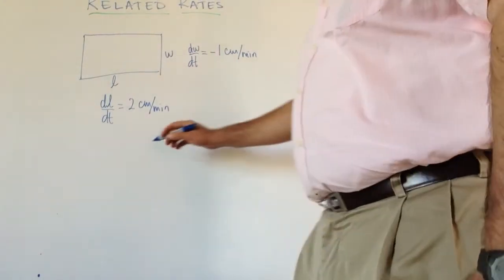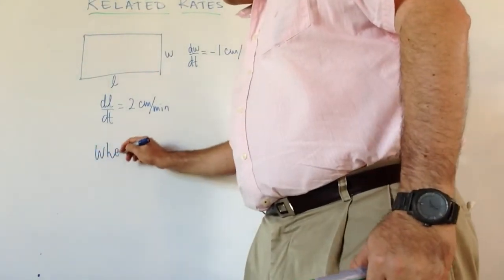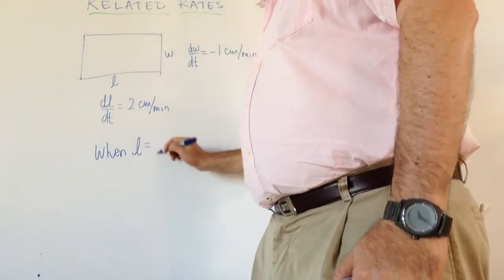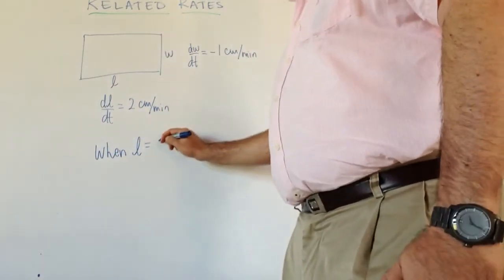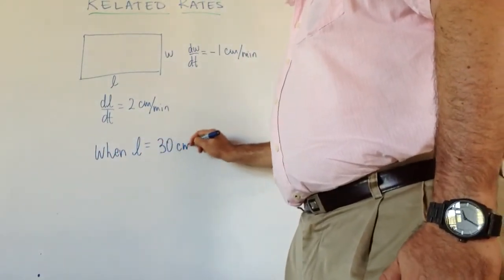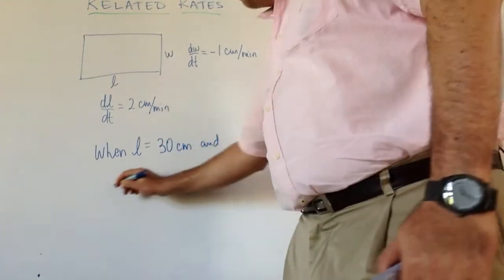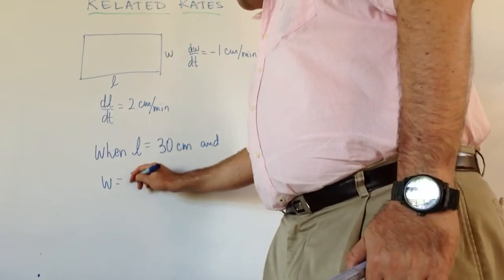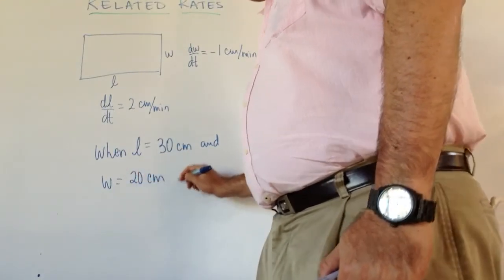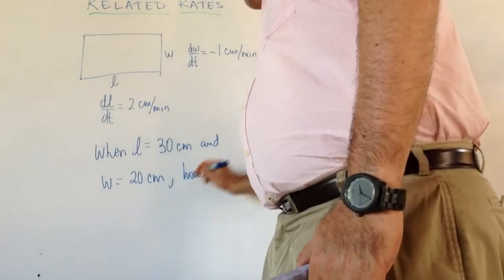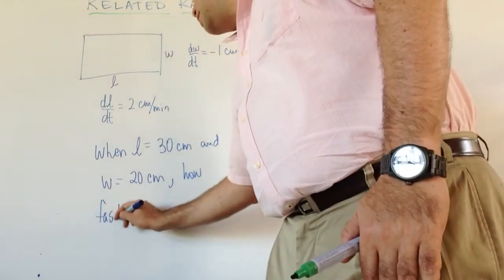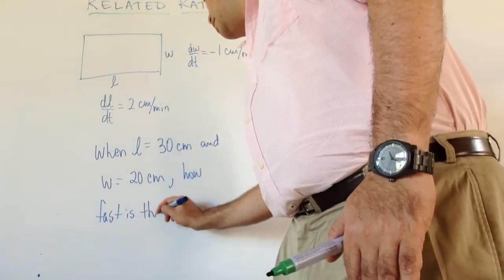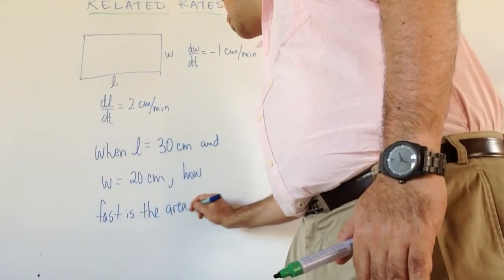So the question is, when the length is 30 centimeters and the width is 20 centimeters, how fast is the area changing?